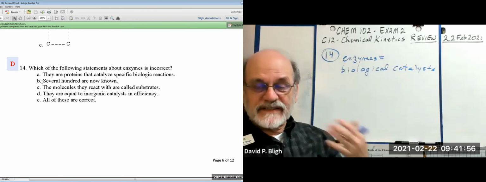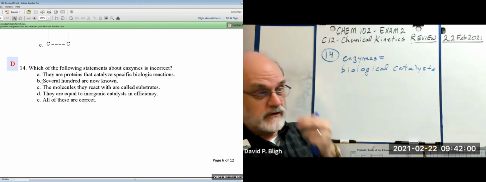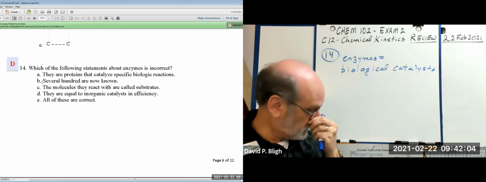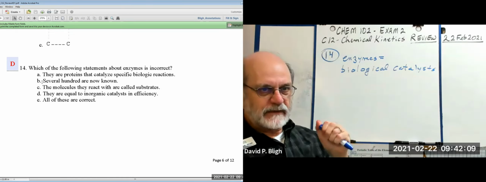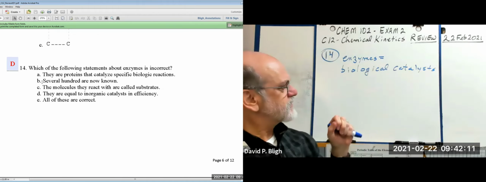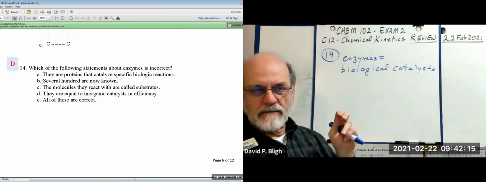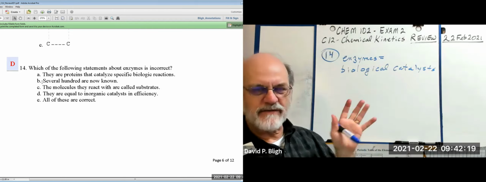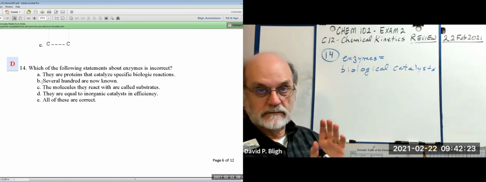And in a very limited sense, that's true. They do speed up reactions, just like an inorganic catalyst would do. But they're much, much more than that. Catalysts, enzymes, most of them, 99% of them, maybe 95%, are proteins.